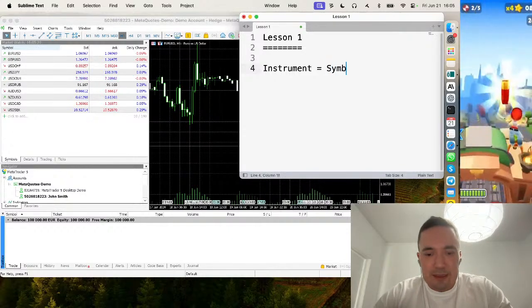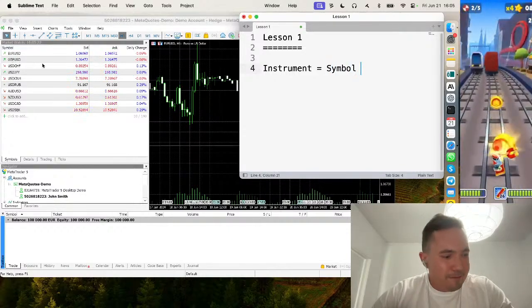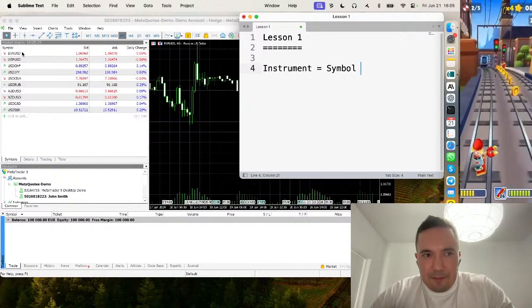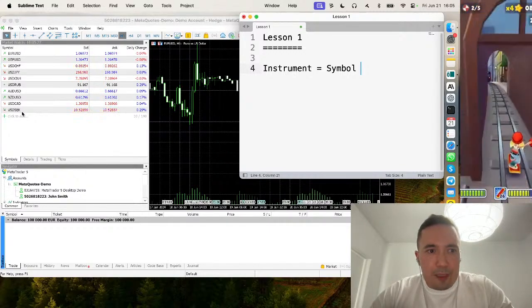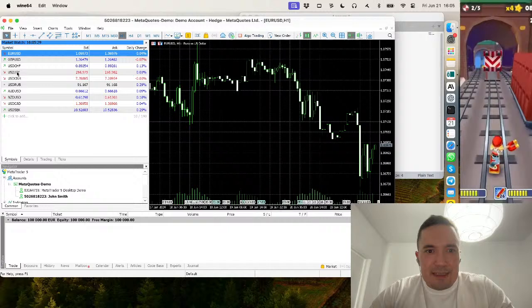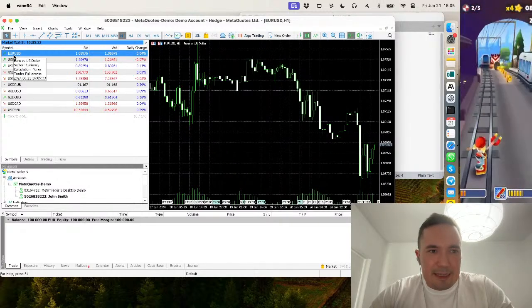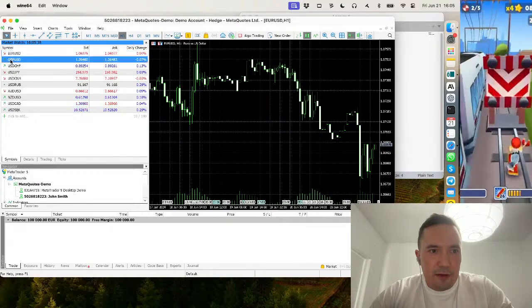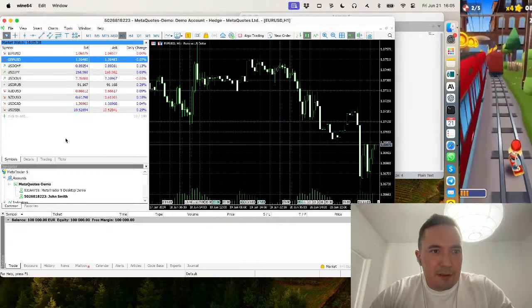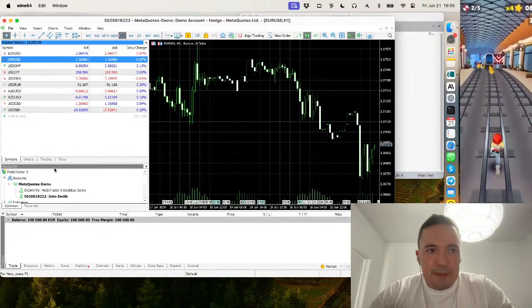Instrument is the same thing as symbol. Also, we can notice that these instruments are about some currencies, some money like euro, dollar, British pound, etc.